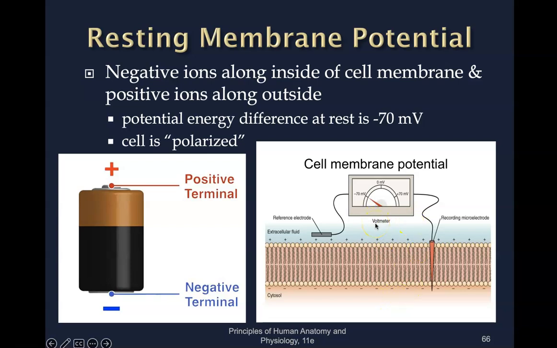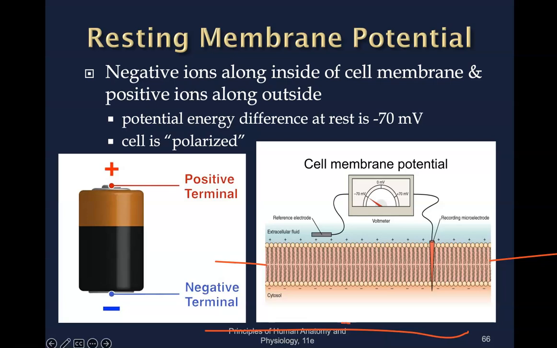And this is what we call a polarized cell. Try to keep in mind that in a neuron, this would be the axon. Here would be one side of the axon, and down here would be the other side of the axon, and it's going to be the same thing.